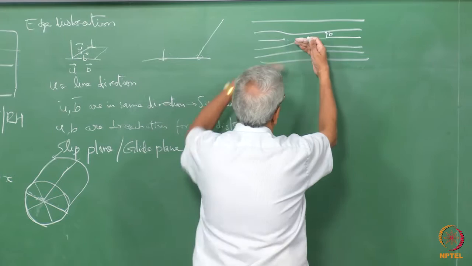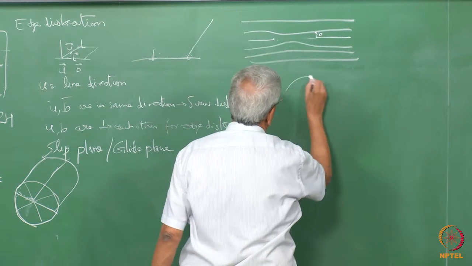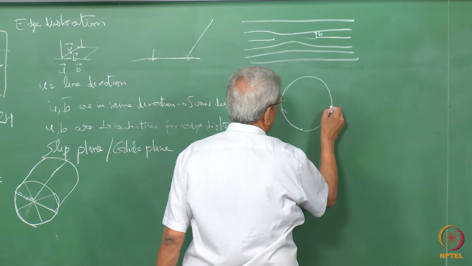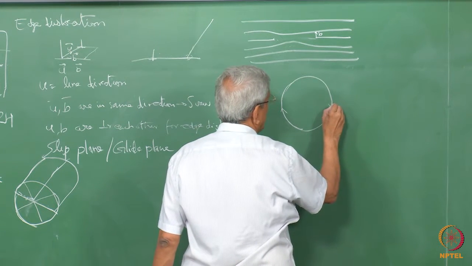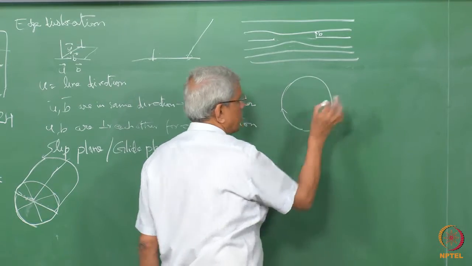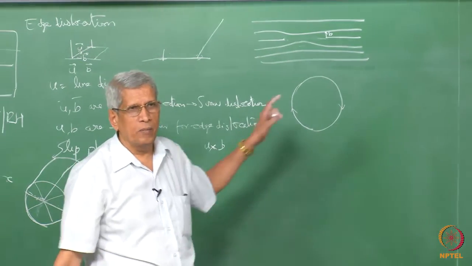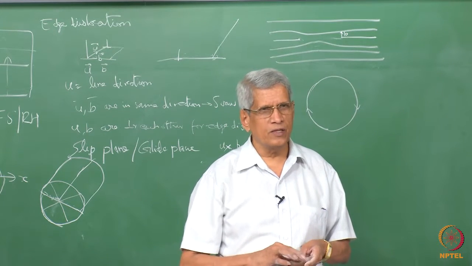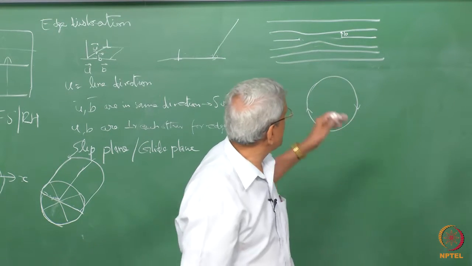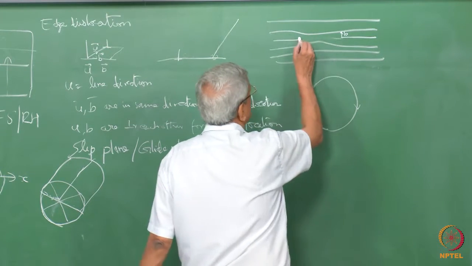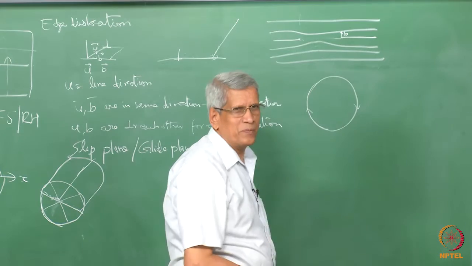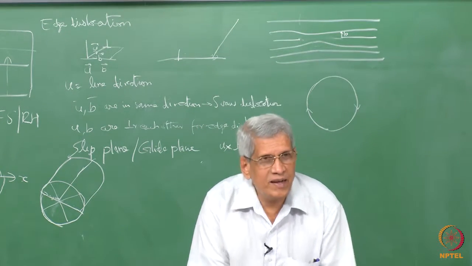If you look at it from the top, in the perpendicular direction, this is the line direction and the Burgers vector is perpendicular to it. The Burgers vector and line direction are perpendicular to each other, and that defines the slip line. That means if it slips, it has to move in this direction, that is, on a cylinder it moves.